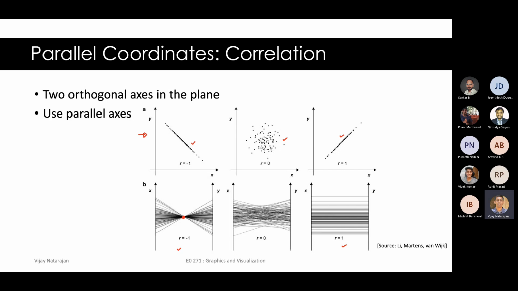And R equal to 0, you see really a mess, right? Some lines going horizontal and some lines going upwards and others going downwards. It's not so easy to figure out R equal to 0, right? But R equal to -1 and 1, or R equal to high value, is easier to identify.